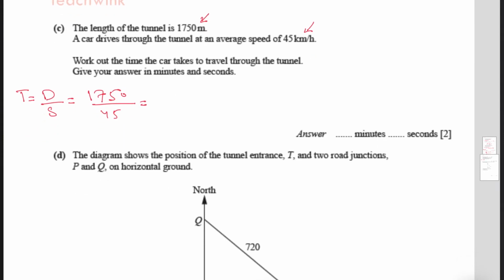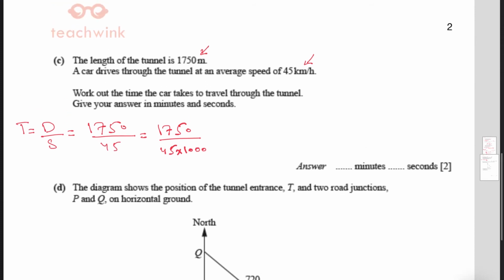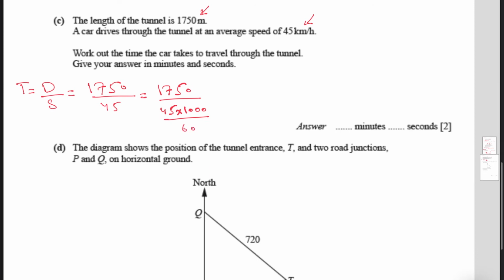So what you do is, first of all, you multiply 45 by 1000. Why do you multiply it by 1000? Because 45 kilometers converted to meters would be 45,000, and you divide this by 60. When you do this, you get 1750 times 60 over 45,000. Now that seems like a big number, but let's put this into the calculator. So we do 1750 times 60 divided by 45,000, and we get 2.333 recurring.